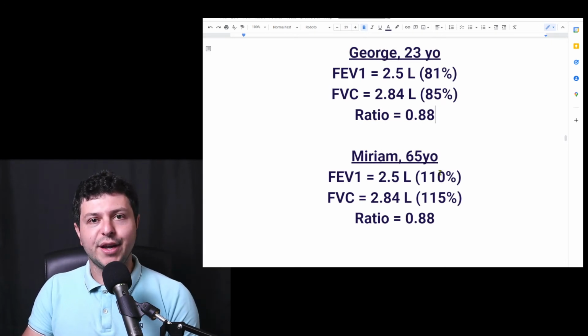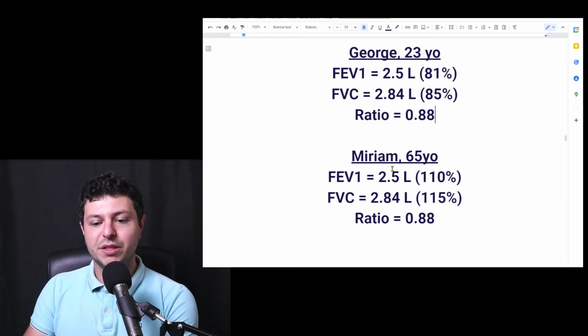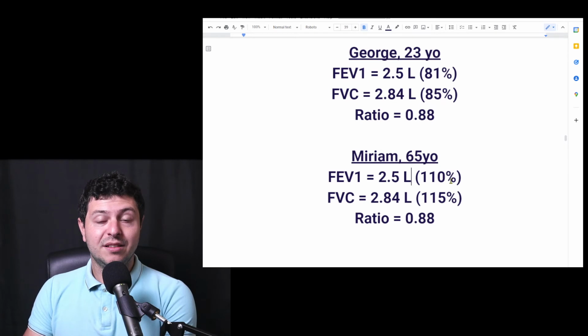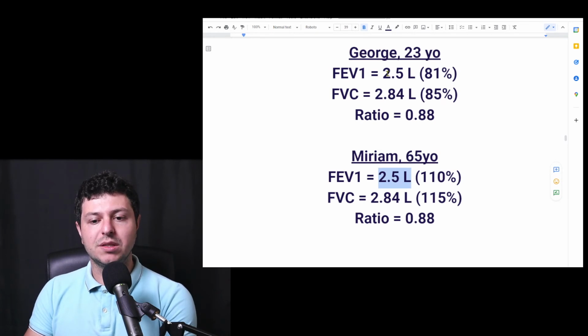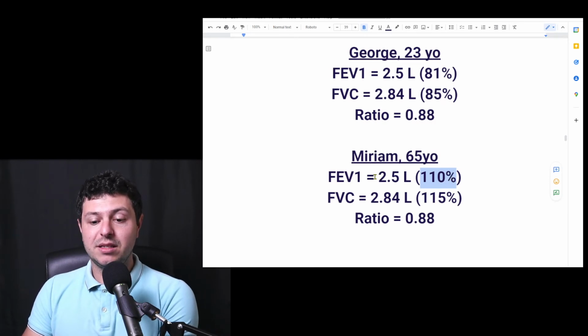Miriam, on the other hand, is also normal, but her measurements, even though they are the same as George's, her predicted values are different. So Miriam, even if she's blowing out 2.5 liters, which is the same as George, for her this means that she's actually done much better than George, because this percentage is the percent of the predicted value.